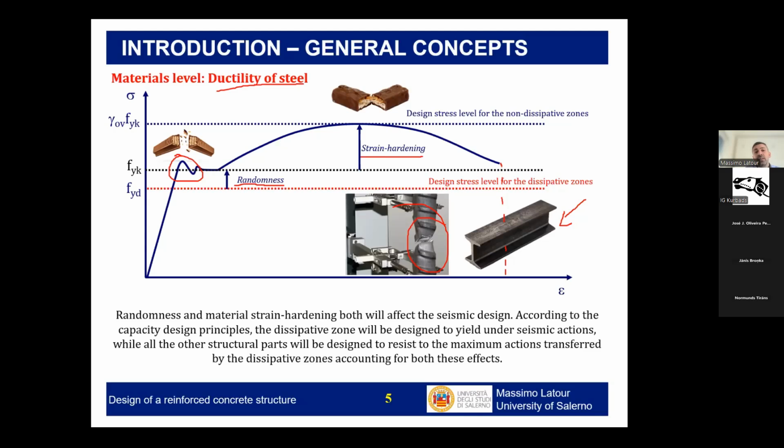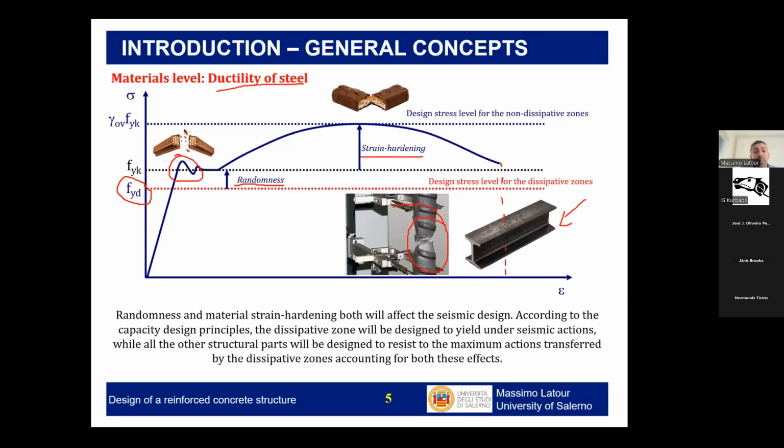If we are used to making a static design of a structure, not for seismic, typically what we control is that the stress level is equal or below a design yield stress. So normally I'm checking that the steel member or the steel bar has a stress which is not going beyond a stress level, which here is indicated as the design yield stress.